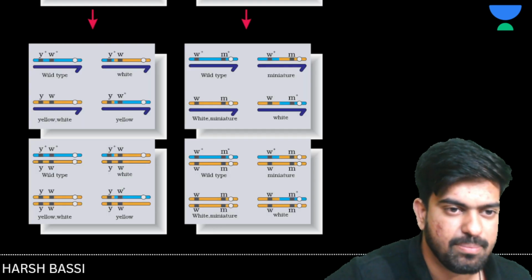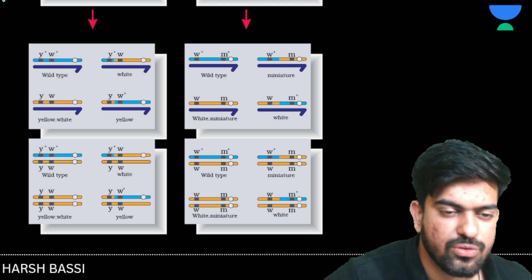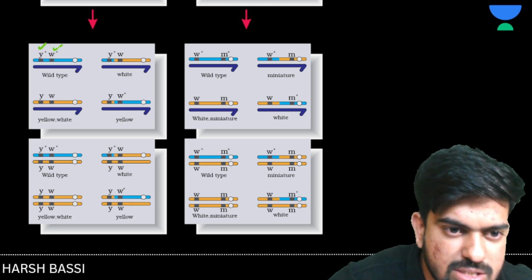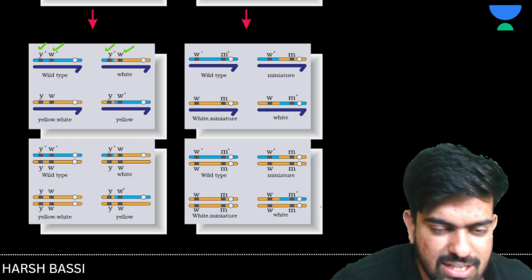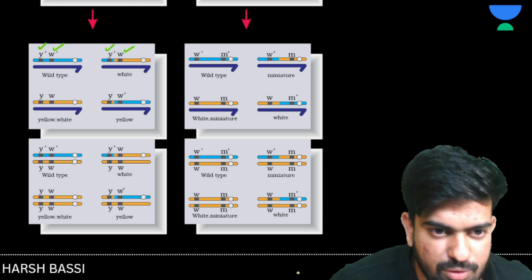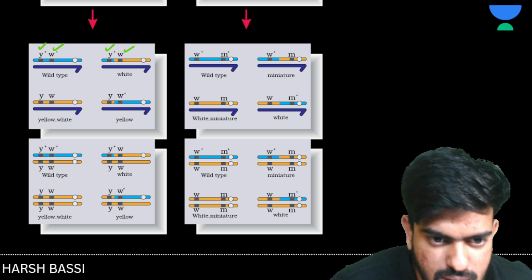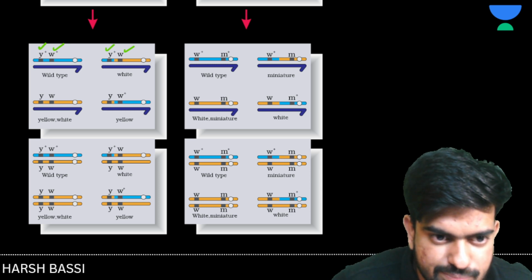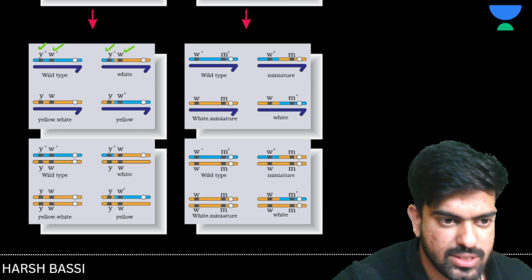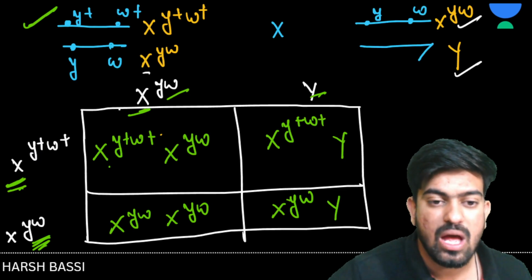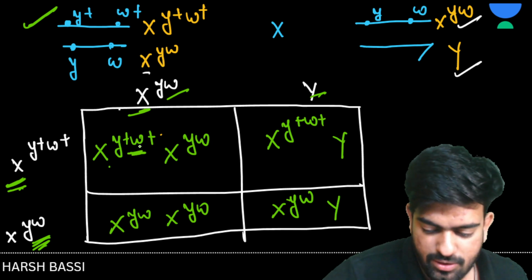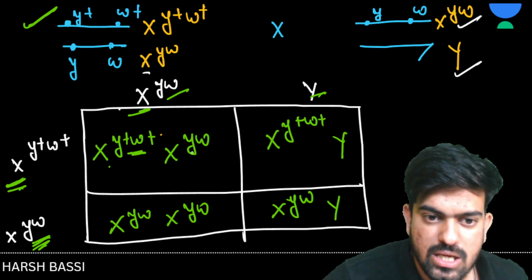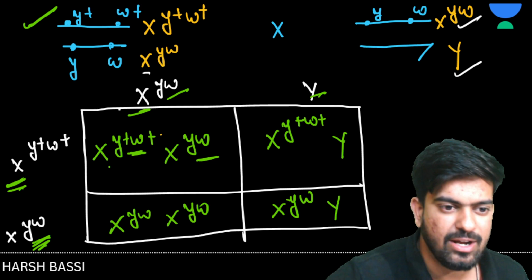So here what's happening? Can you see this? This is y plus and w plus, and this is y plus and w. Let's check, are we getting these types of things or not? X y plus w plus, x y plus w plus, and x y w. Are you able to get it?